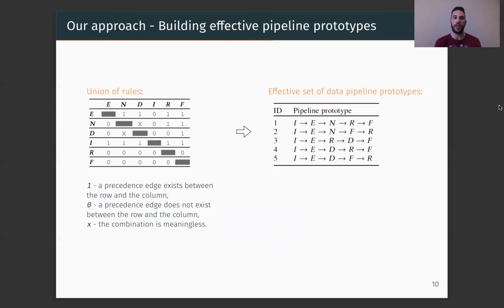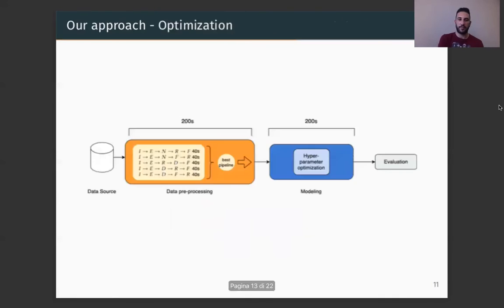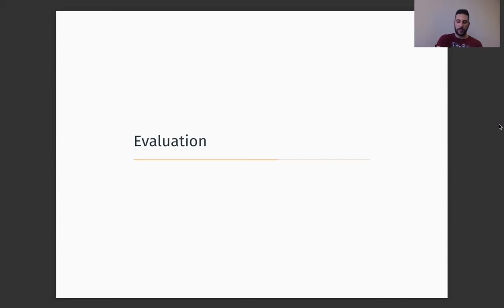This time, we call this set the effective set. And finally, we optimize all the 5 effective pipeline prototypes in order to select the best one, and then afterwards optimize the algorithm. So let's see how it performs.